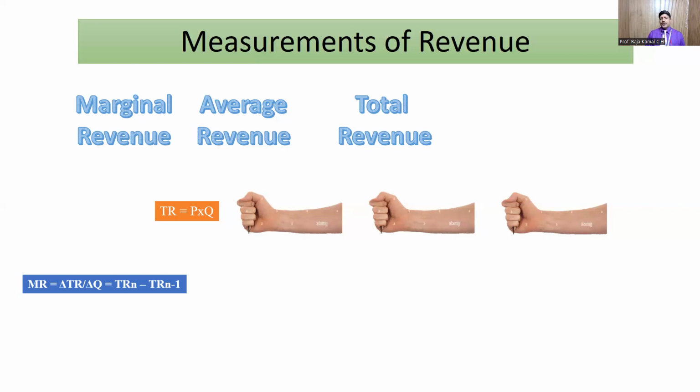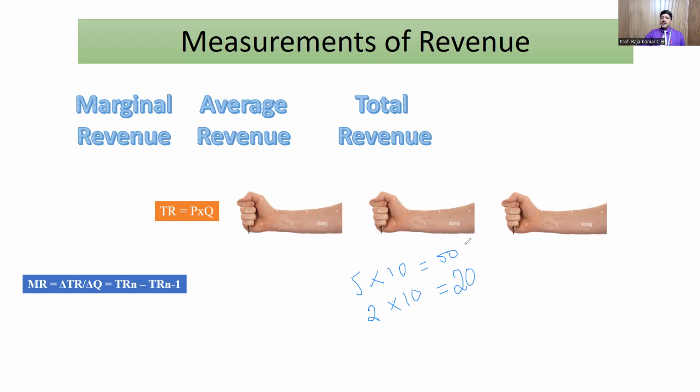And the quantity also changed. Initially I produced 5 units, 5 into 10, I get 50 rupees. Additionally, I produced 2 more units and got 20 rupees extra.